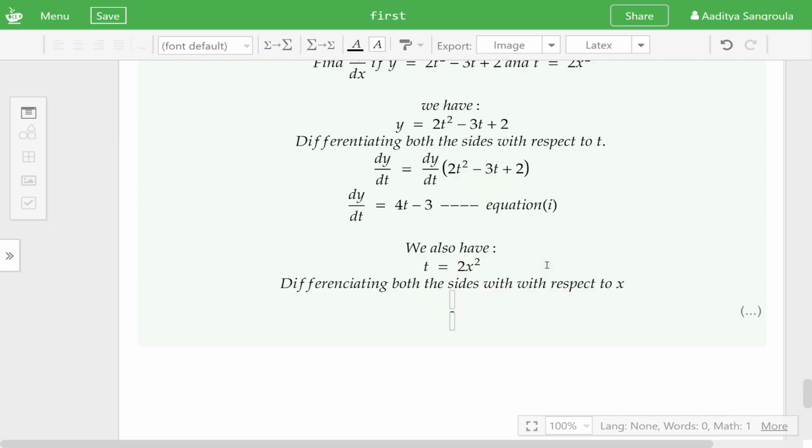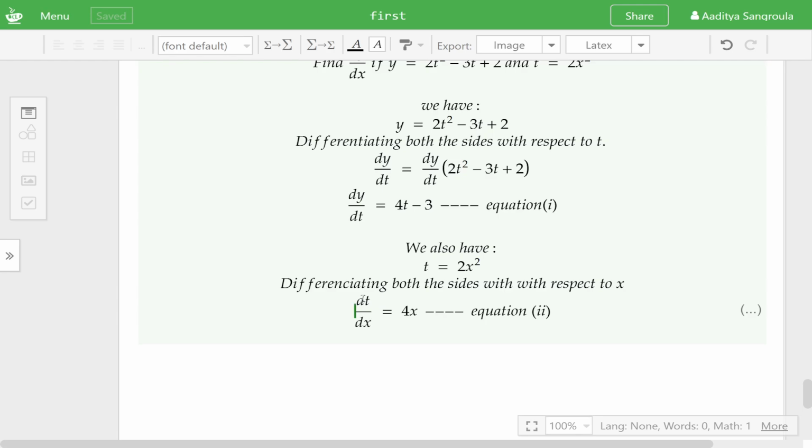So dt over dx equals 4x, right? dt over dx is equal to 4x. And now let's call this another equation, equation 2. And we should now be looking at how we can get dy over dx.